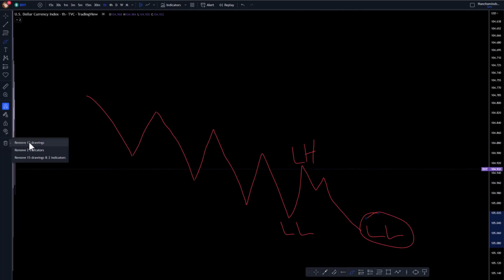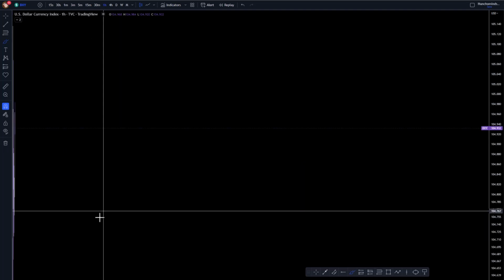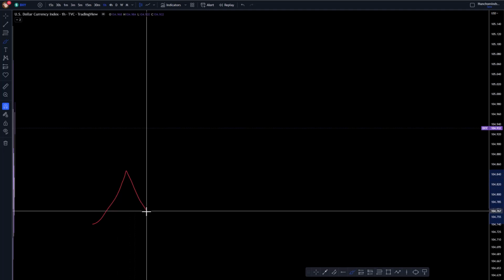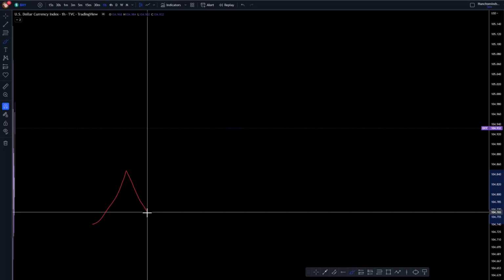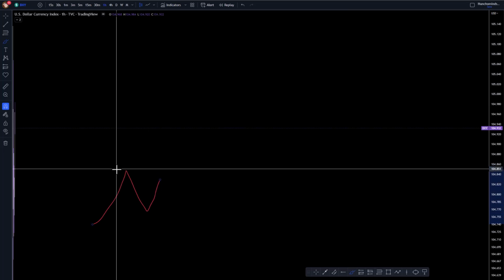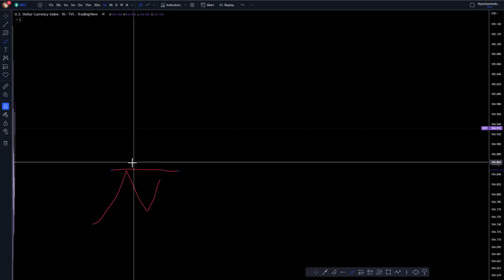So now I'll show you an example. Let's say we're bullish now. Higher high, higher low, or at least we think it's a higher low. And a higher low is not a higher low until it gets above the previous higher high.